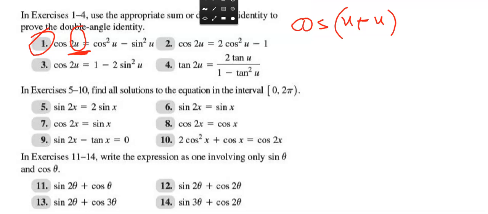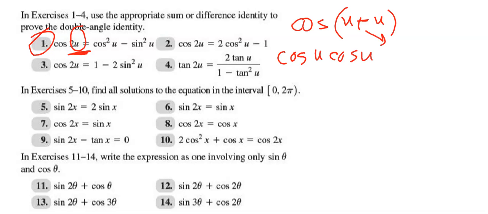Oh yeah, I want to draw a tool. You said cosine of the first, cosine of the second. What'd you do in between? Subtracted. Sine of the first, sine of the second. And then you said, oh, well, that's the same thing. So that's cosine squared minus sine squared. Okay?